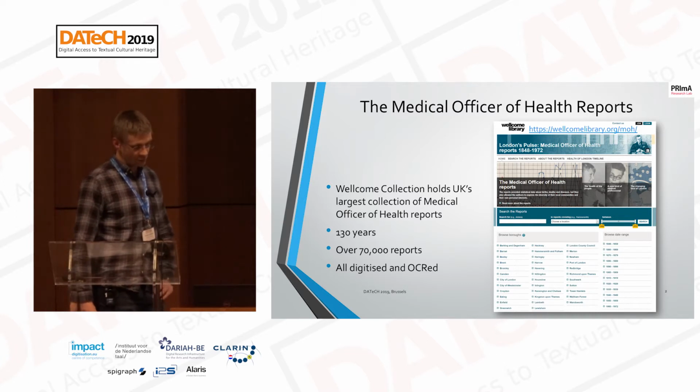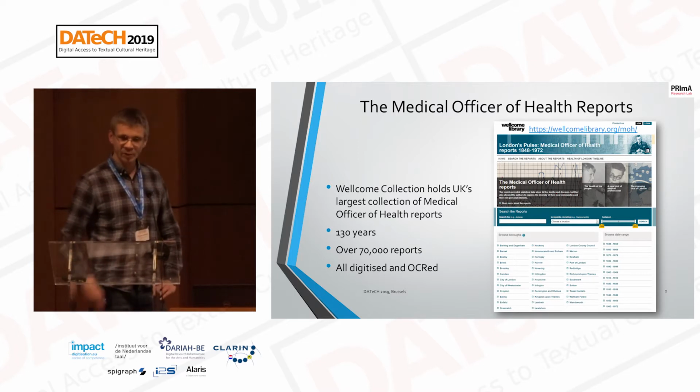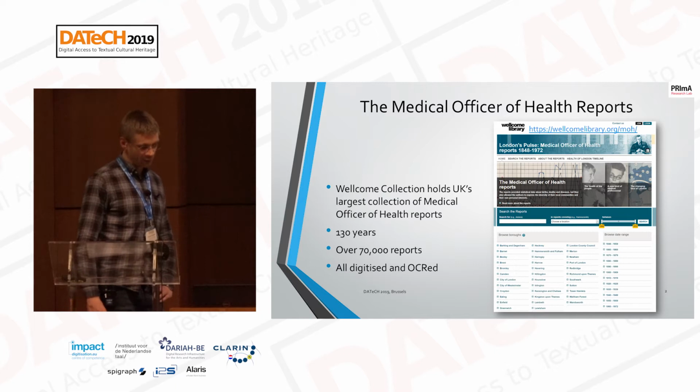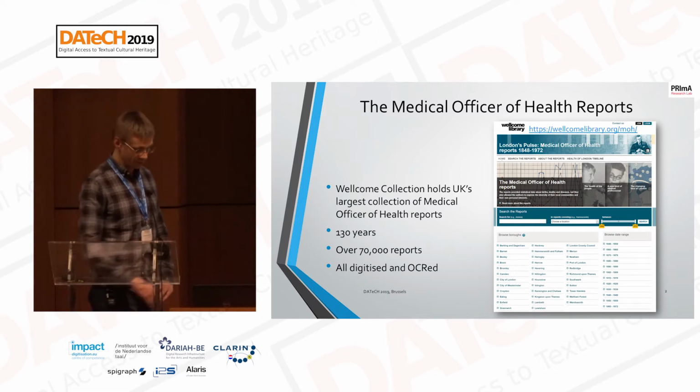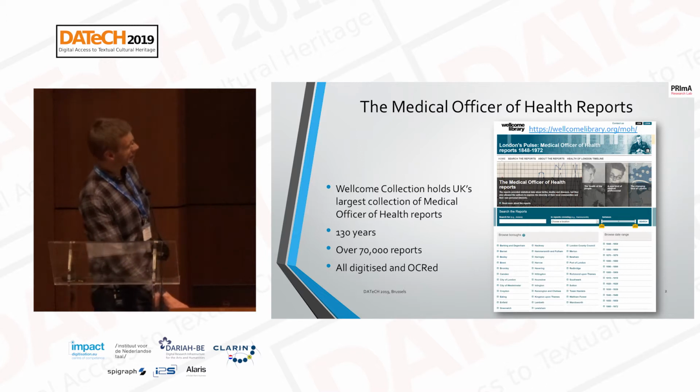I think there are new numbers, there are now about 75,000 reports, I think you said, and they have all been scanned and OCR'd as well. You can see the website there, the link is on top, and you can use it to filter by time period and by location as well, so it's quite a nice resource.